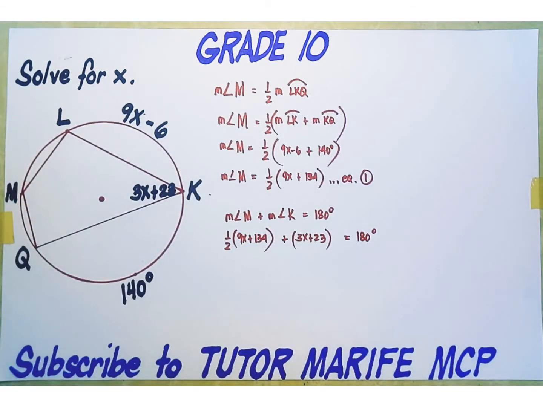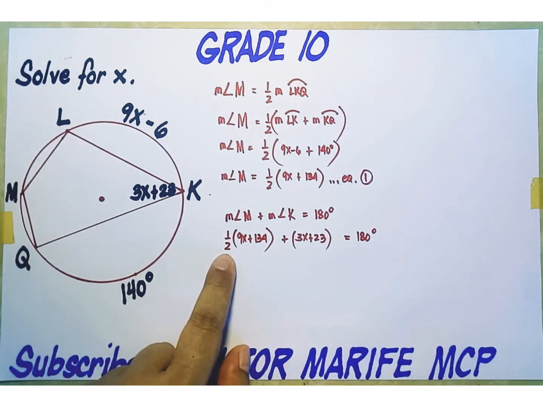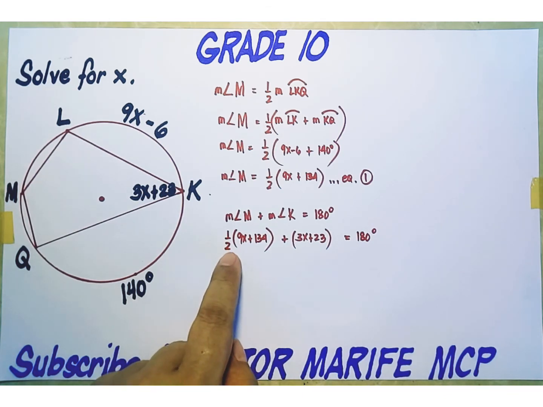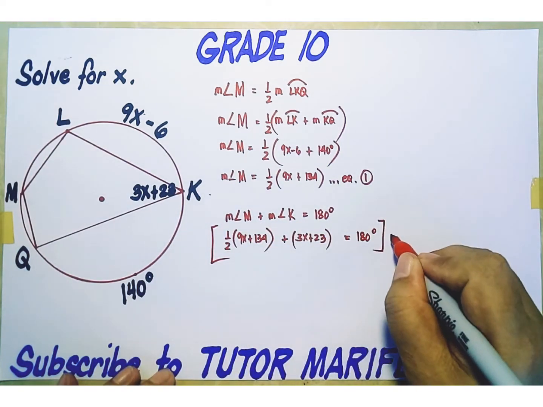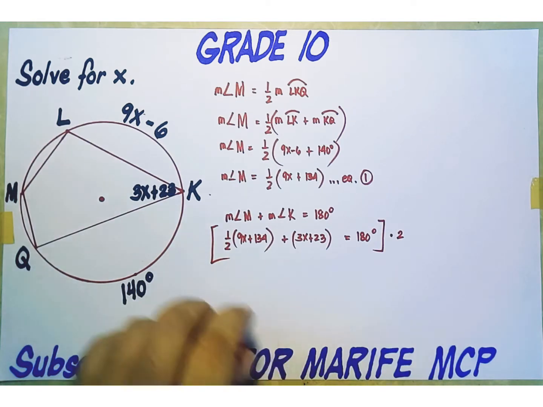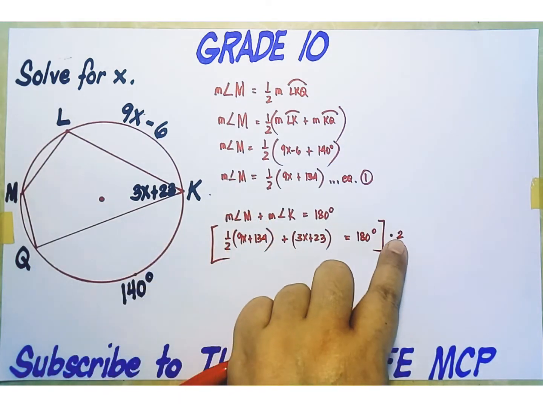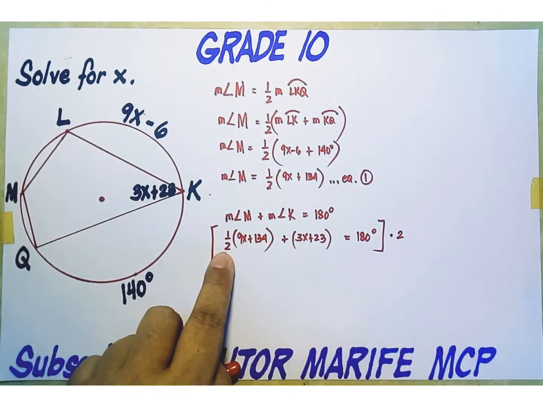Okay, so how do we solve for x? First, let's clear the fraction. Multiply the whole equation by 2 to eliminate the denominator 2. First term times 2. This will be cancelled out.